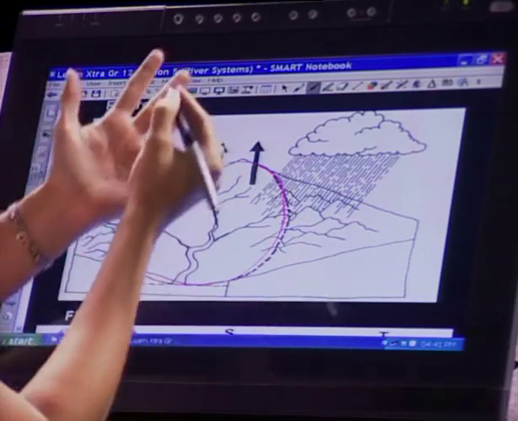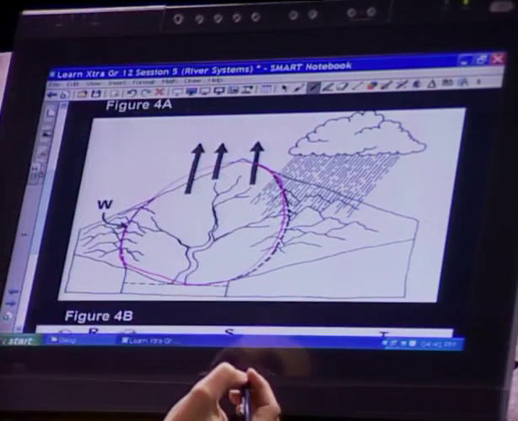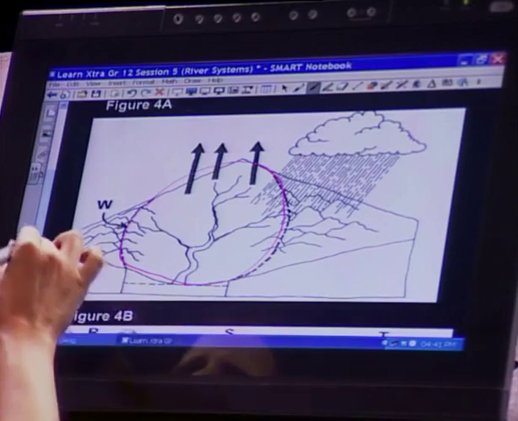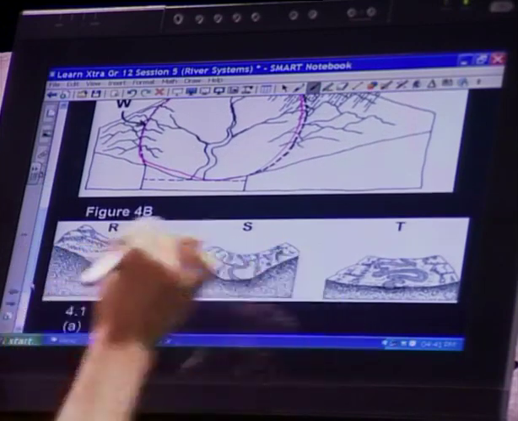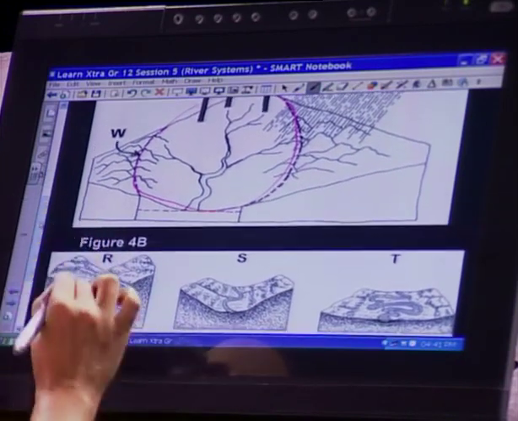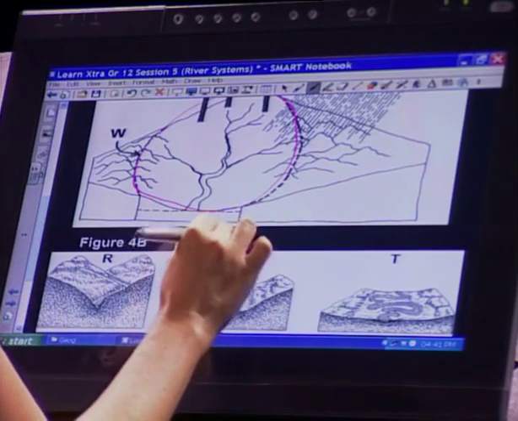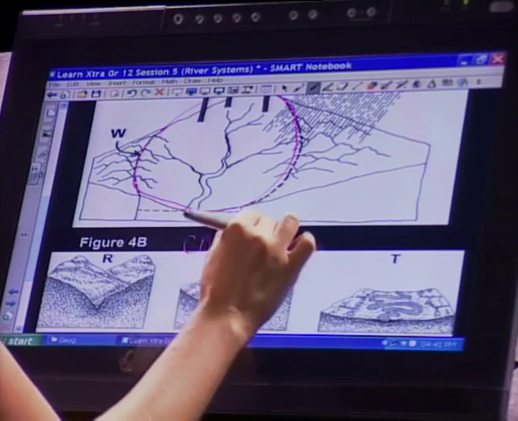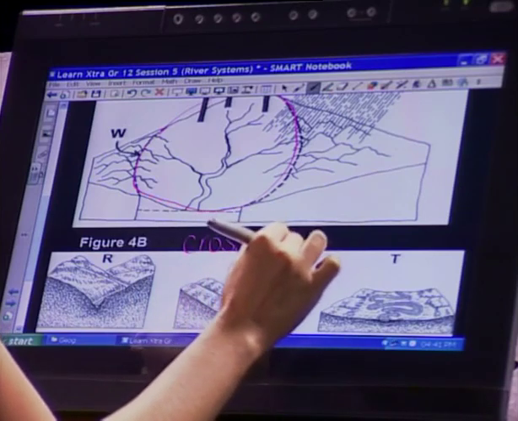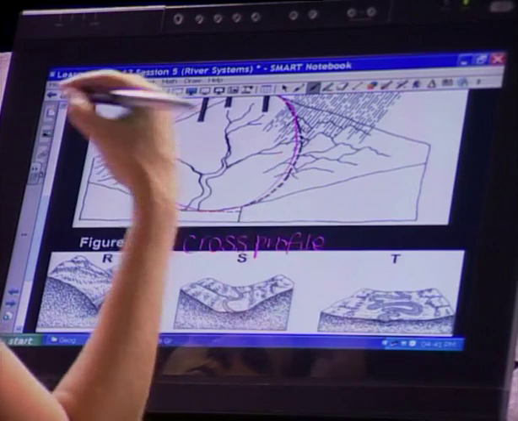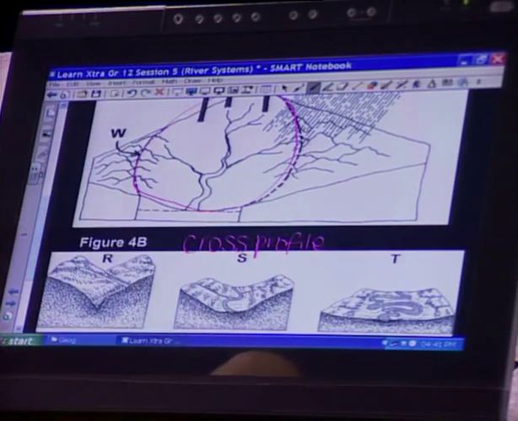There's the main stream and its tributaries that flows within that drainage basin, and underneath they have given us 3 different shapes or 3 different cross sections or cross profiles, which is essentially what the river would look like at each stage.